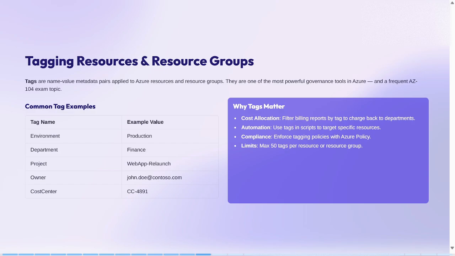Like in cost allocation, organizations need to understand which department is spending money, which application is consuming resources, which project requires more budget. Using tags, administrators can filter billing reports and allocate costs accurately.